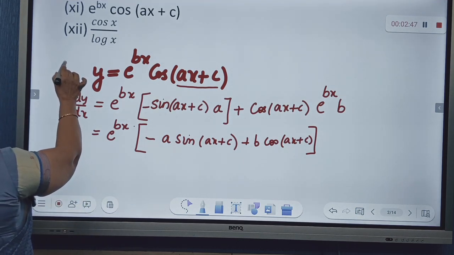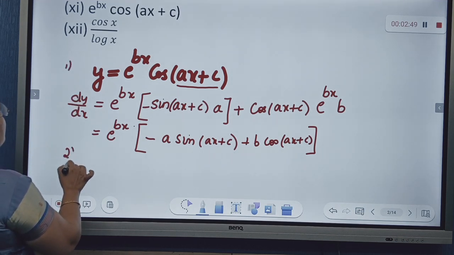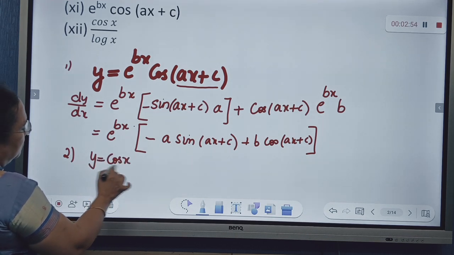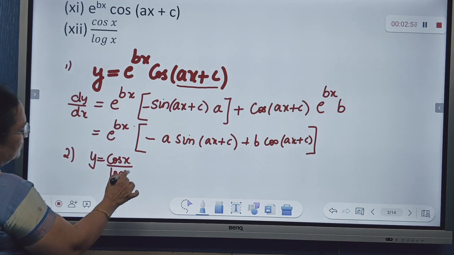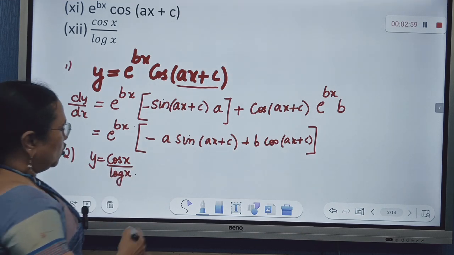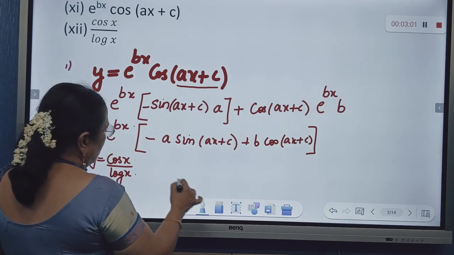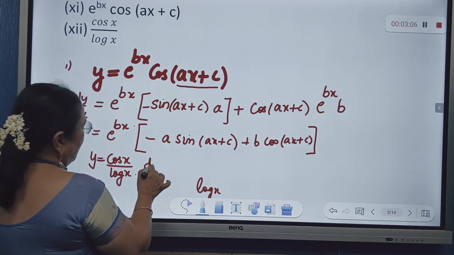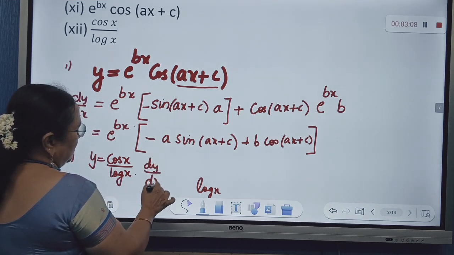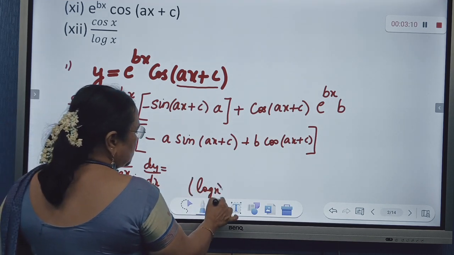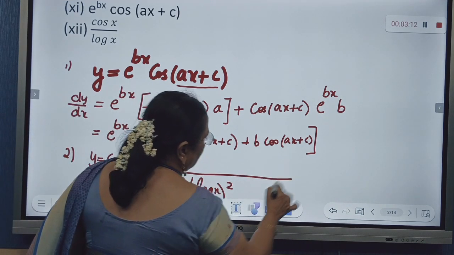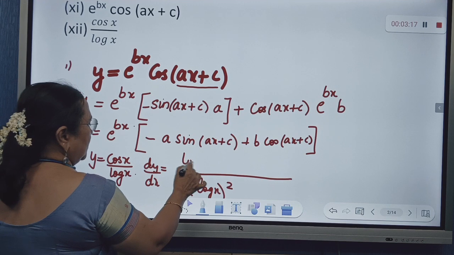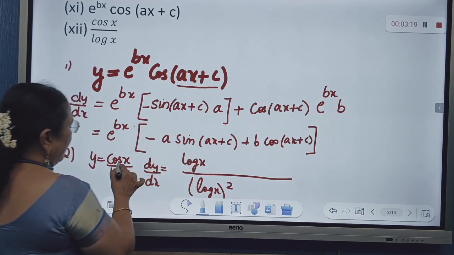This is the first. The second one in the page is y equal to cos x by log x. Here I have to use the quotient rule because it's a quotient of two functions. So what is the quotient rule? Dy by dx will be log x the whole square, denominator square, denominator into derivative of the numerator.